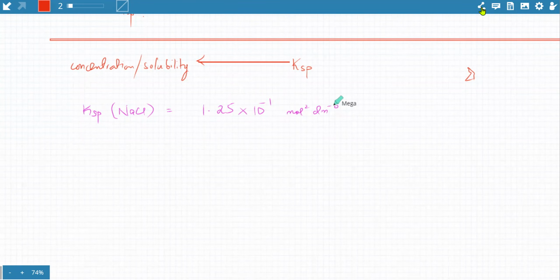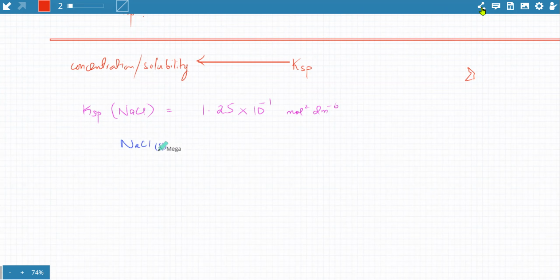So the Ksp is given. Now I'm going to do the reverse. The first thing is I have to figure out the expression for Ksp for NaCl. The first thing is I'm going to write down the equation for NaCl dissolving.